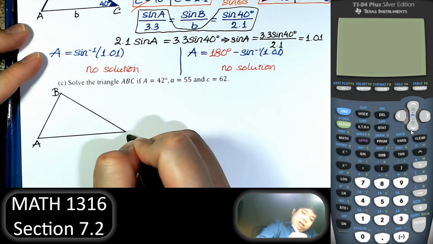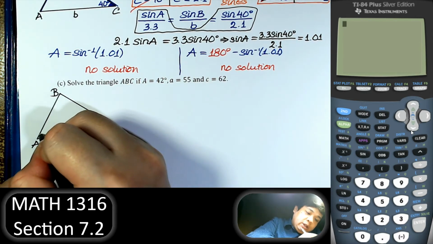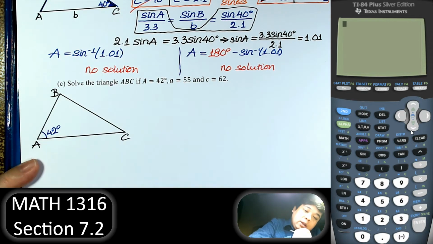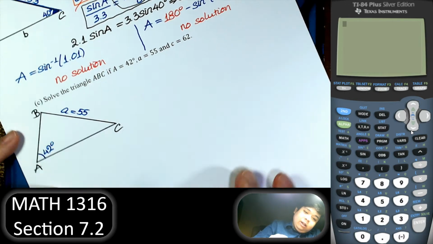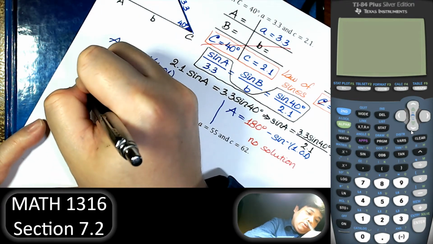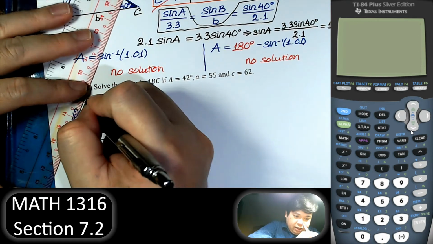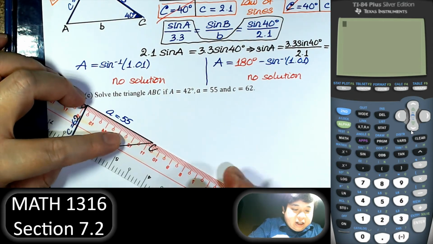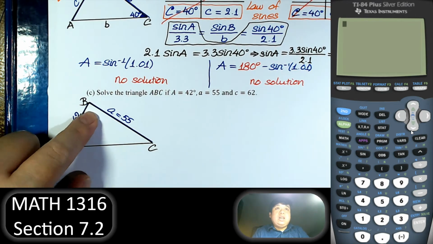A, B, C, angle A, 42 degrees. Side a, 55. Side c, 62. Right. So in this case we have a side here and a side here, knowing two sides, but the angle is not in between the two sides.